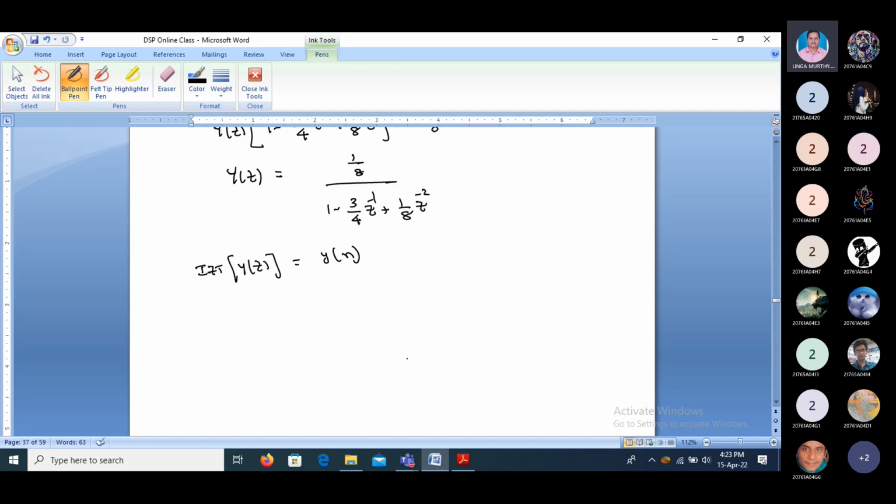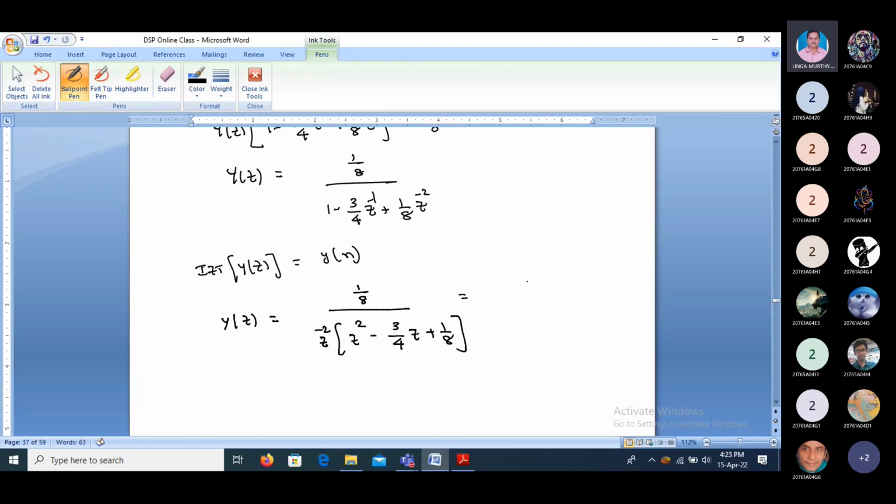Before applying the inverse z transformation, first rearrange the z values. So Y of z may be expressed in another form: 1 by 8 divided by, here we can take z power of minus 2 common, then you get z square minus 3 by 4 into z plus 1 by 8.